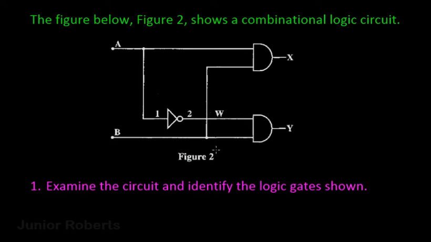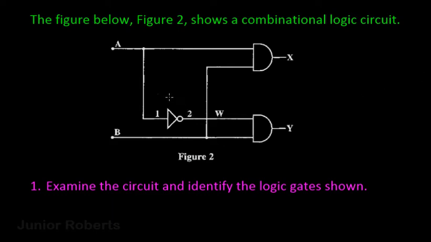Now the first thing this question wants us to do is to examine the circuit and identify the logic gates shown. To do that, I'll set some labels for these gates.